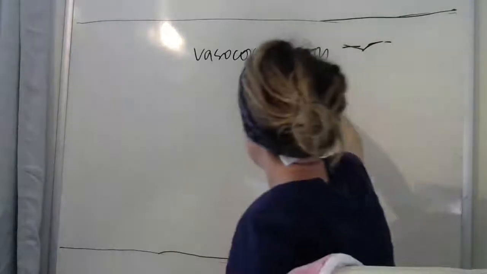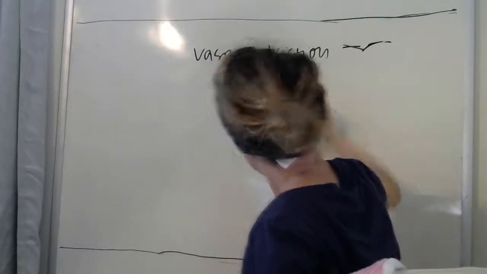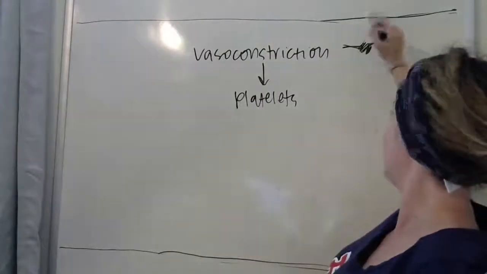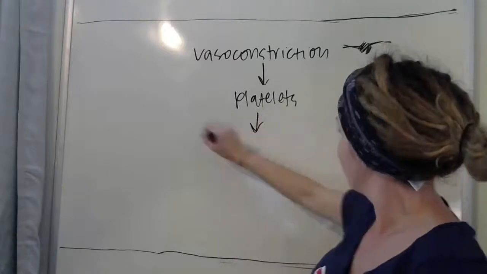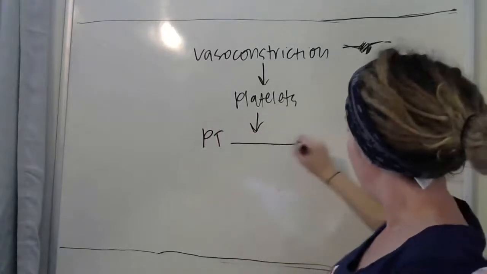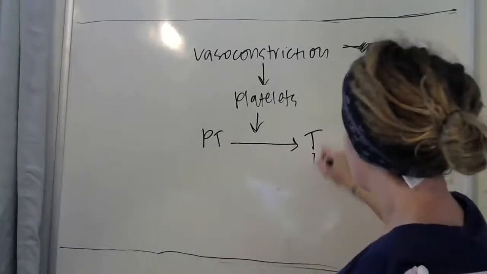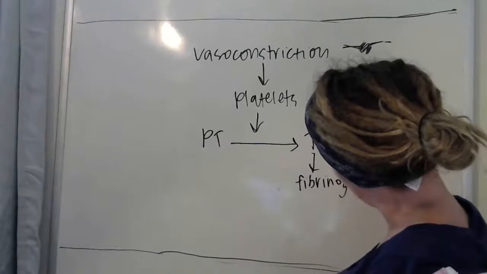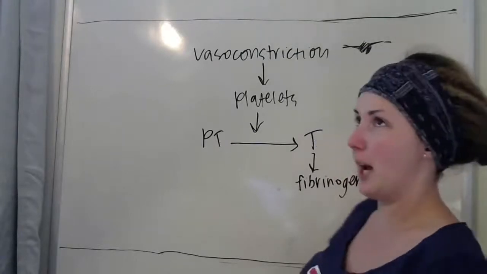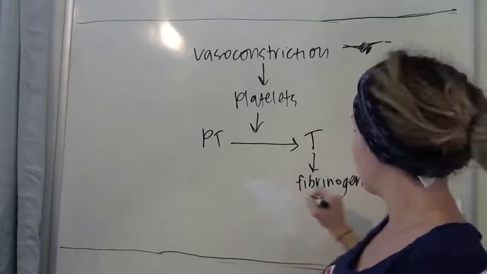So then the next thing it's going to do is send out platelets to kind of plug that as best as it can. Prothrombin is going to be released. And then thrombin is going to come from this prothrombin. This is going to react with fibrinogens, which if you remember from cell chapter before, and I believe skin, we talked about fibrinogens, and they're going to trigger fibrin.